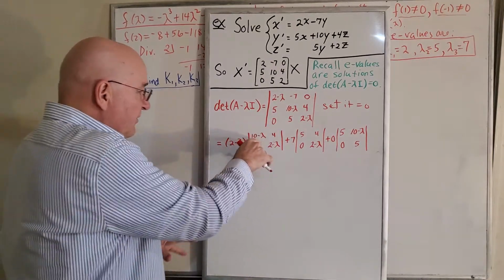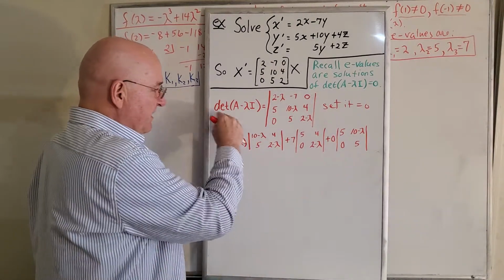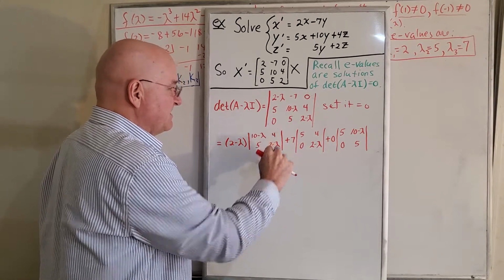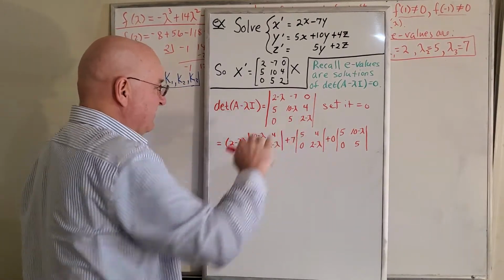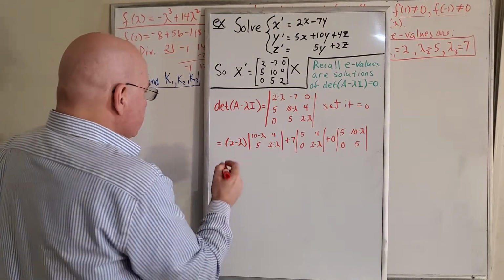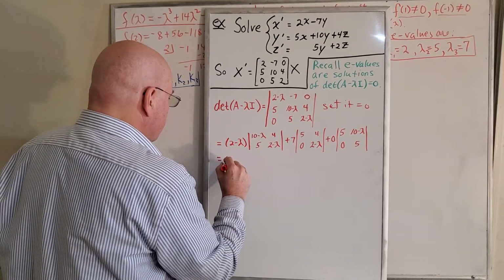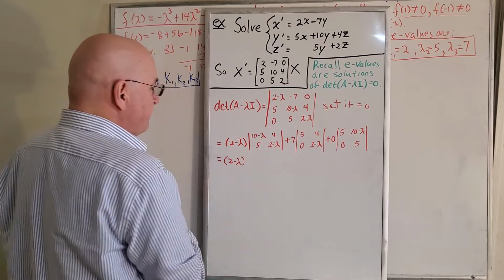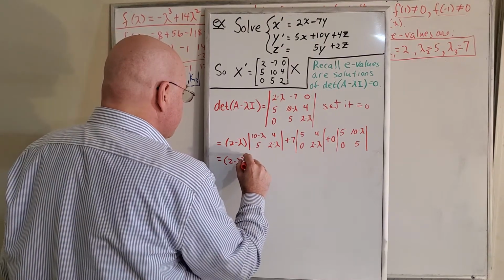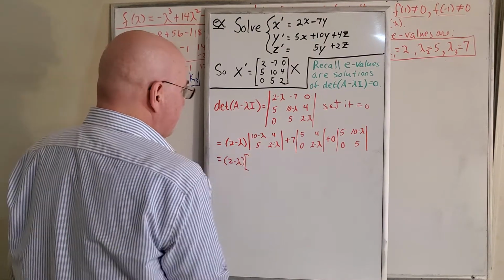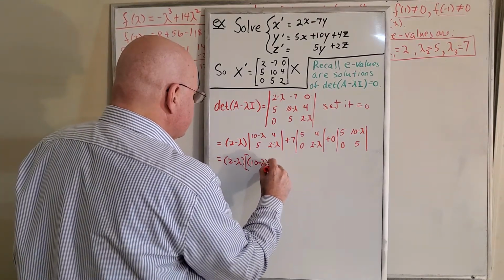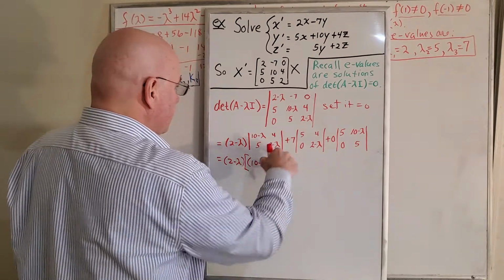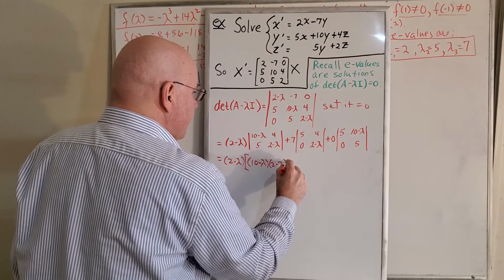Now we know the determinant of a 2 by 2 is simply the product of the diagonal minus the product of the opposite diagonal, the other diagonal. So this is equal to 2 minus lambda times, maybe we'll use brackets, 10 minus lambda times 2 minus lambda, minus 5 times 4, which is minus 20.